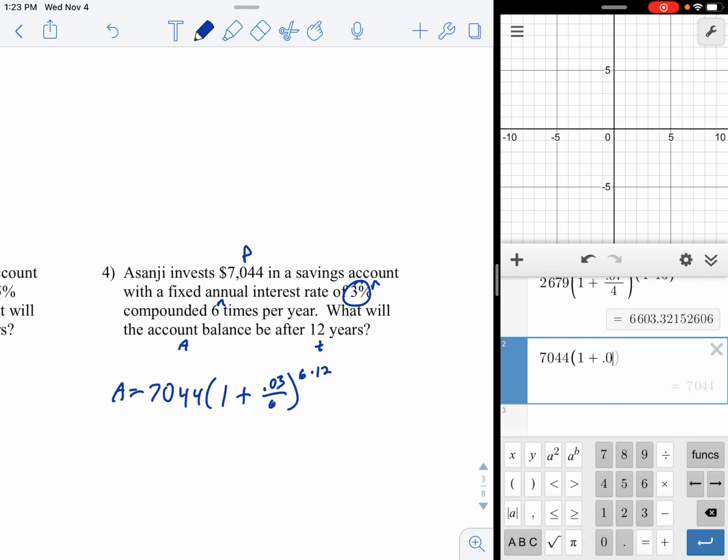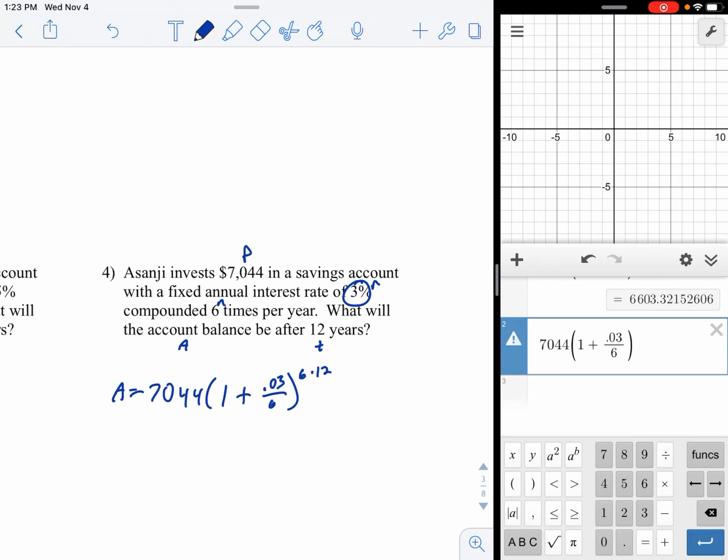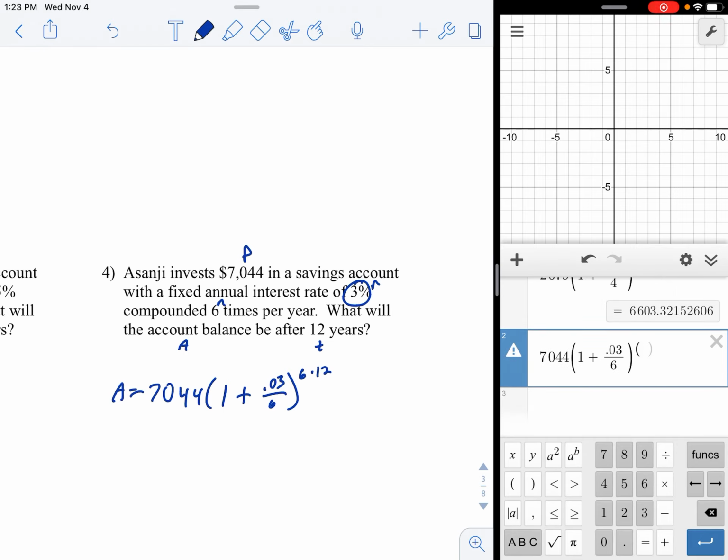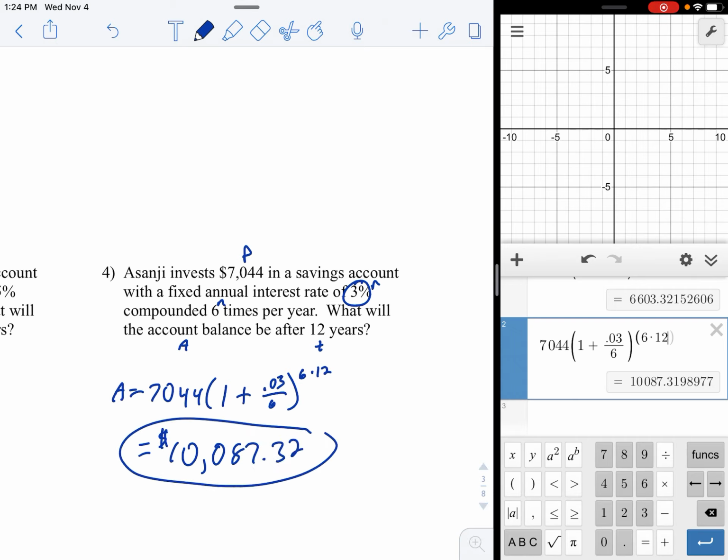So 0.03 over 6 raised to the power, and again I have to use parentheses, 6 times 12, $10,087.32. So you can see why people invest money, because you get more money back.